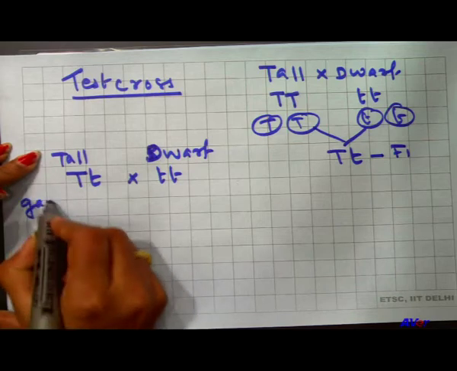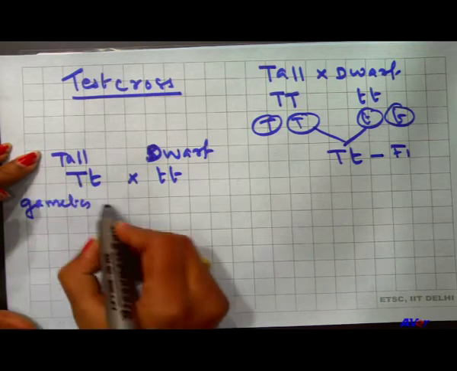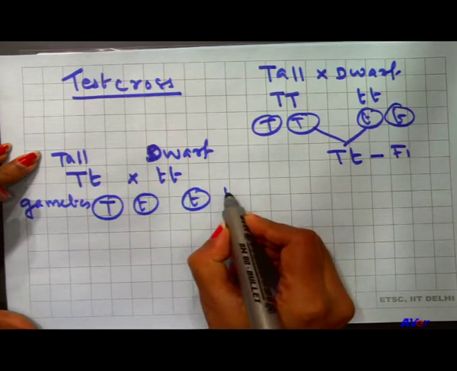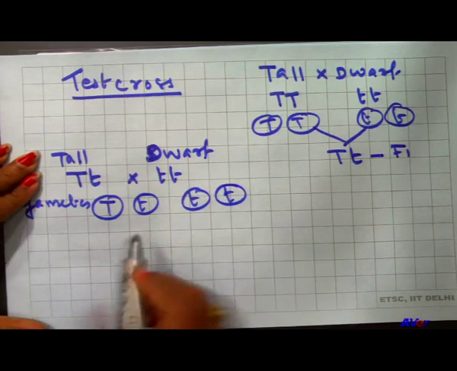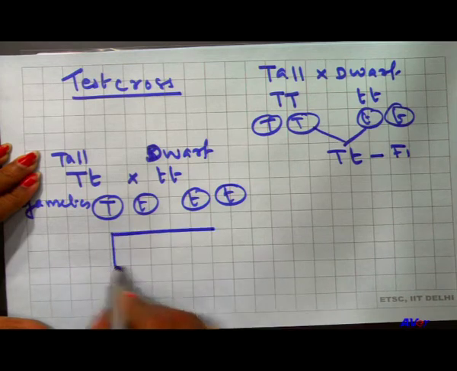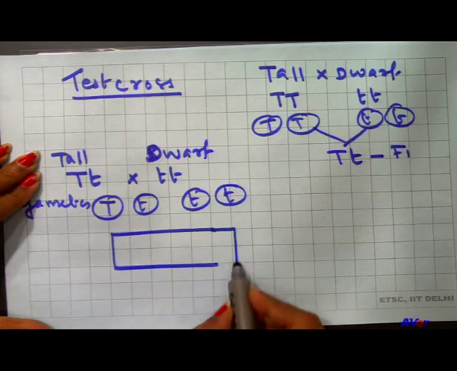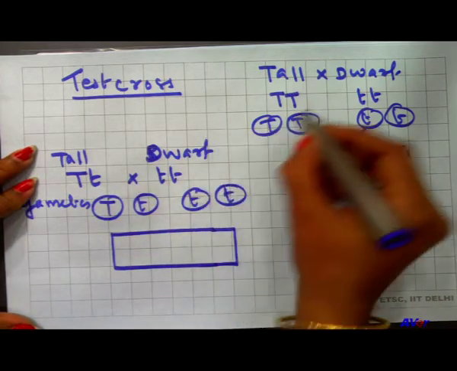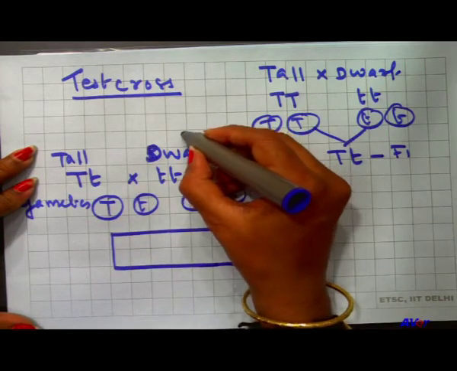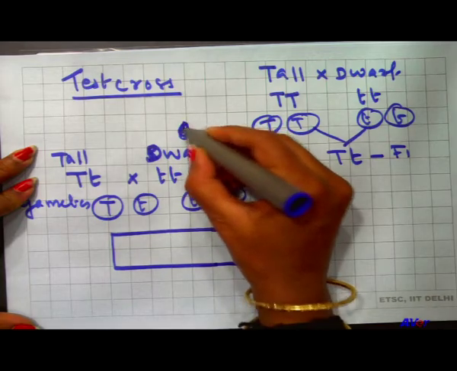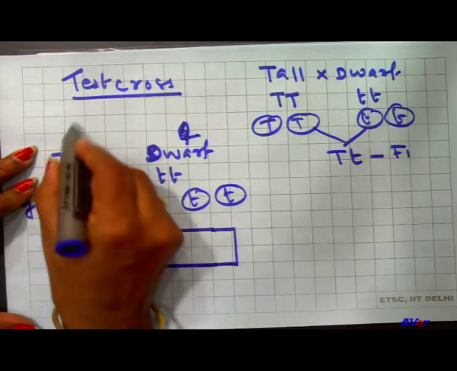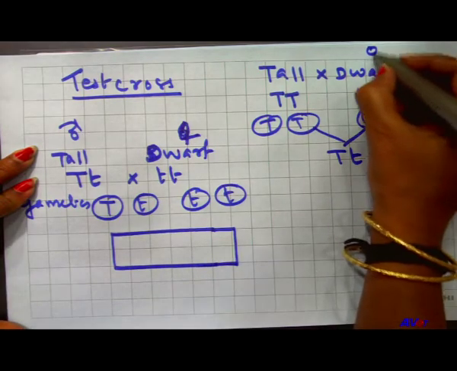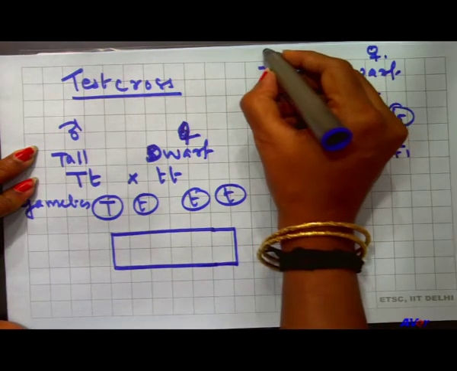Then gametes like this we will get. We can again show it in a Punnett square. For example, this one is considered as the female parent and here it is considered as the male parent. In the original cross also this is female and this one is male.